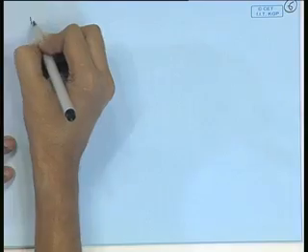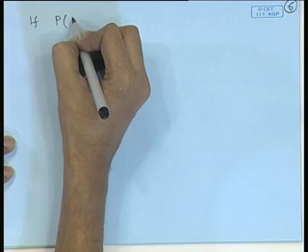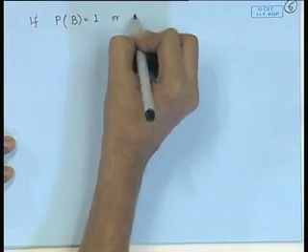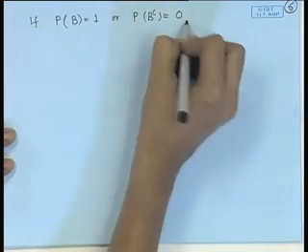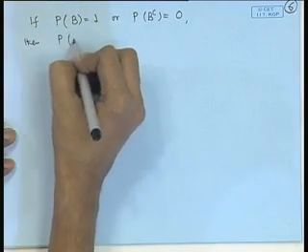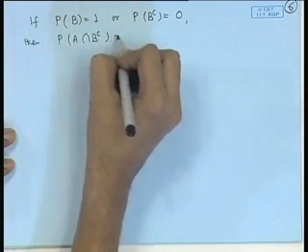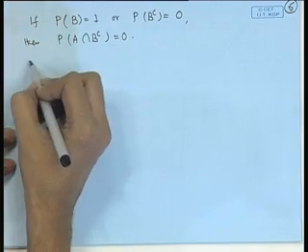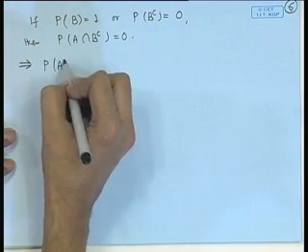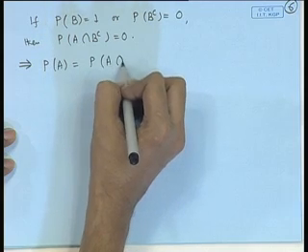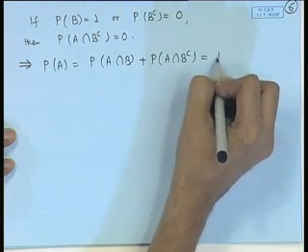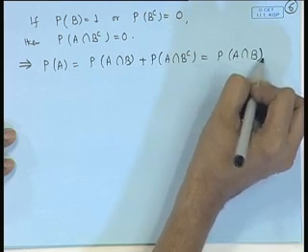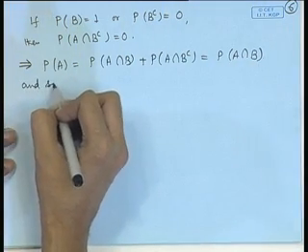So, if we take probability of B equal to 1 or probability of B complement equal to 0, then probability of A intersection B complement is 0, and therefore, probability of A can be written as probability of A intersection B plus probability of A intersection B complement, which is probability of A intersection B, and so the statement follows.